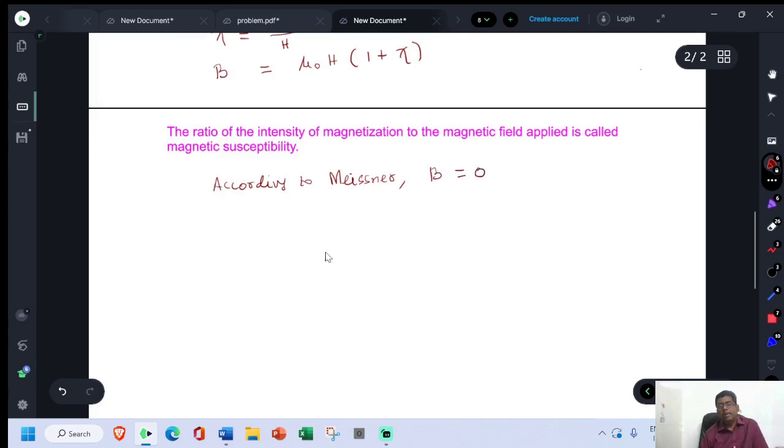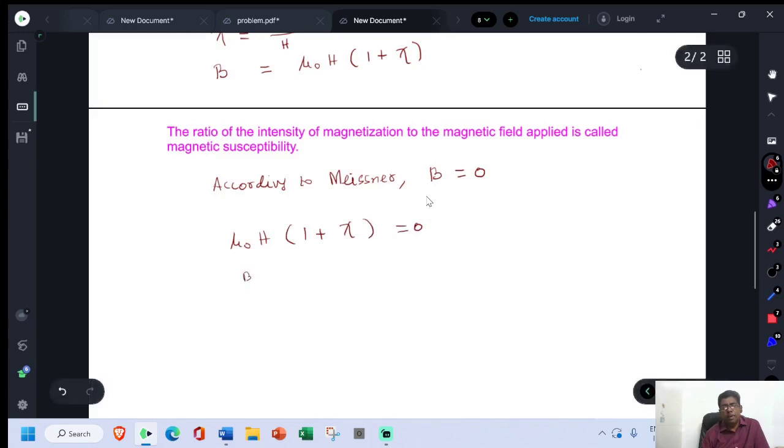In a superconducting material, the value of B equal to 0. Therefore, if you substitute B equal to 0 in the above equation, mu naught into H into 1 plus chi equal to 0.